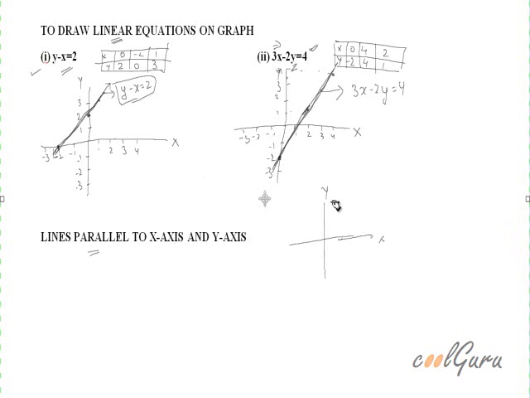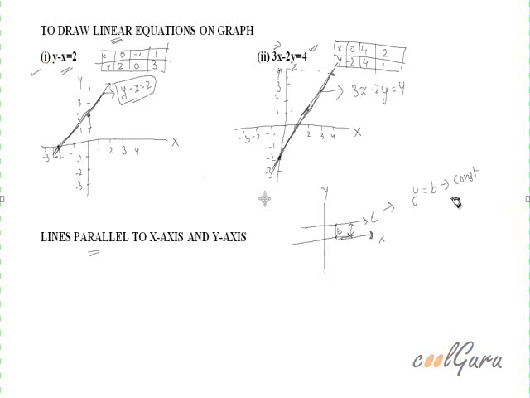X and y-axis. Now consider any line which is parallel to the x-axis, say this line, L. Any line which is parallel to the x-axis has its distance from the x-axis always constant. Let this distance be b. So the equation of this line will be y is equal to b, where b is any constant.